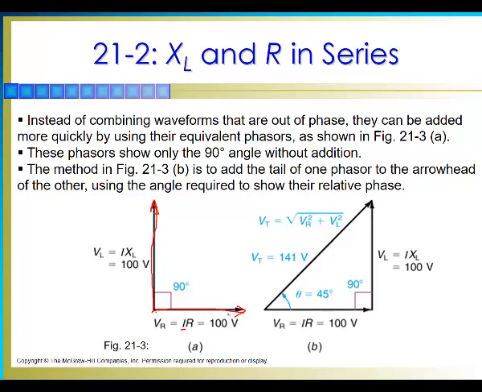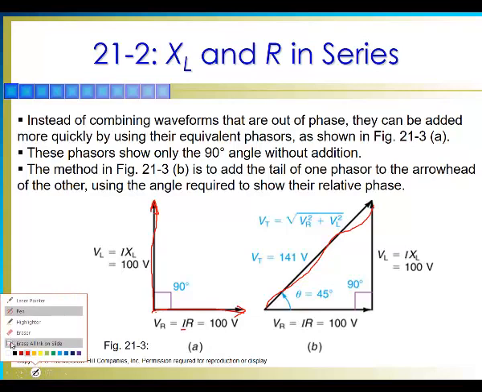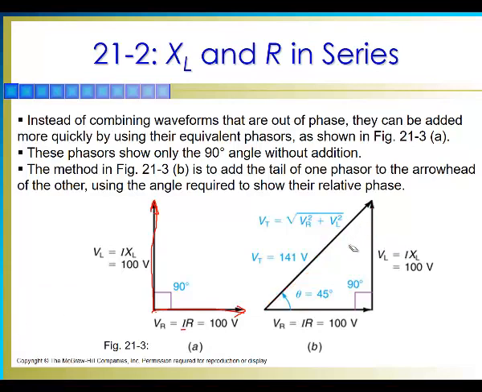So this is the same 0 degrees, and that will be 90 degrees right here. So to calculate the total voltage on the series RL circuit, we're going to use the phasors. We're going to add this phasor plus this phasor, and that will give us this amount right here. That is the total voltage.